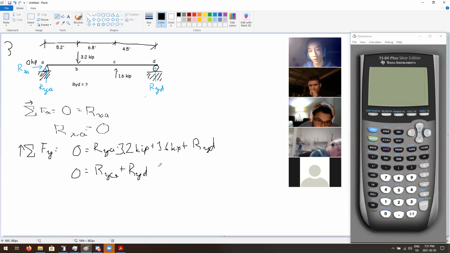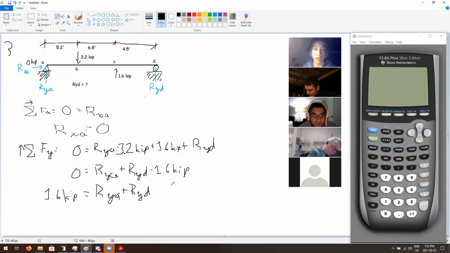That equals minus 1.6 kip. Now we move 1.6 kip to the other side: 1.6 kip equals R sub y A plus R sub y D. Boom. We can't do any more, so we have to keep this in our backlog.